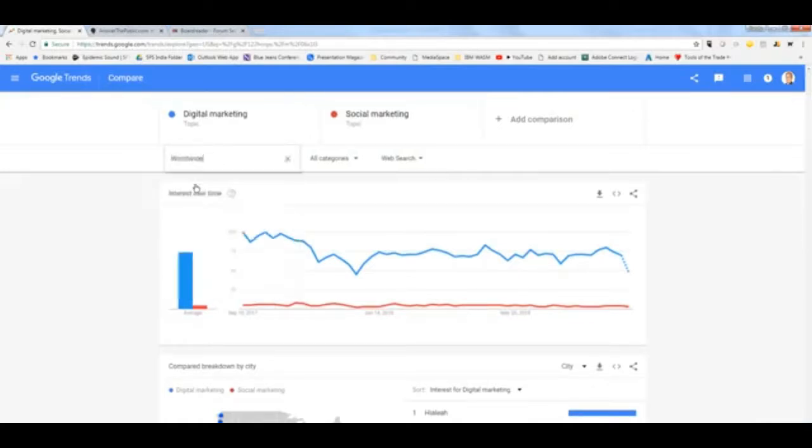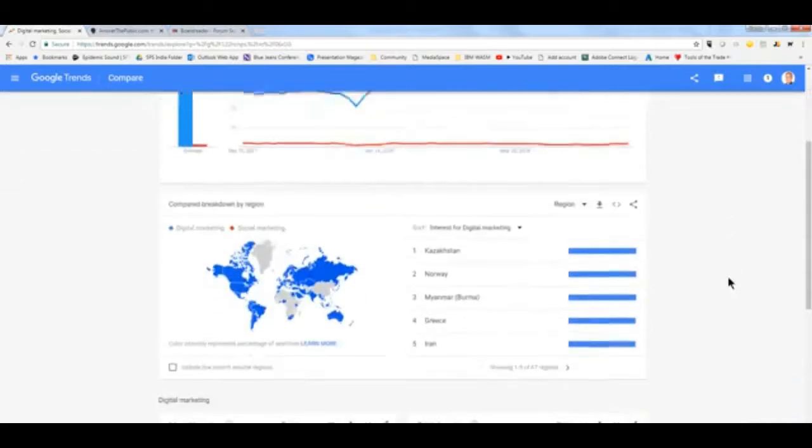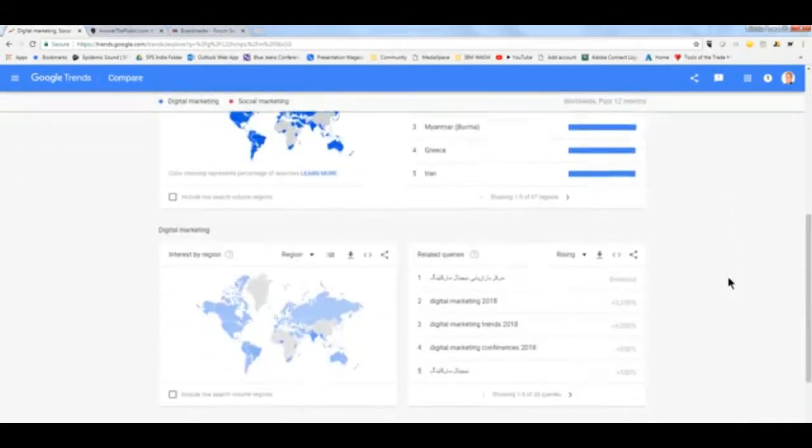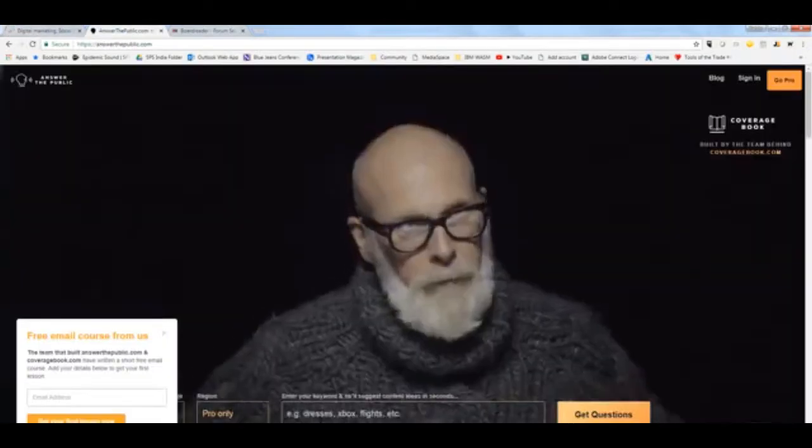I can also look at it on a worldwide basis or for specific countries to see how it's actually happening. So it gives you the ability to bore down into markets in terms of what they're searching for very effectively and gain some insights as to what they're looking for on social. Those are things you need to think about in terms of keywords and hashtags.